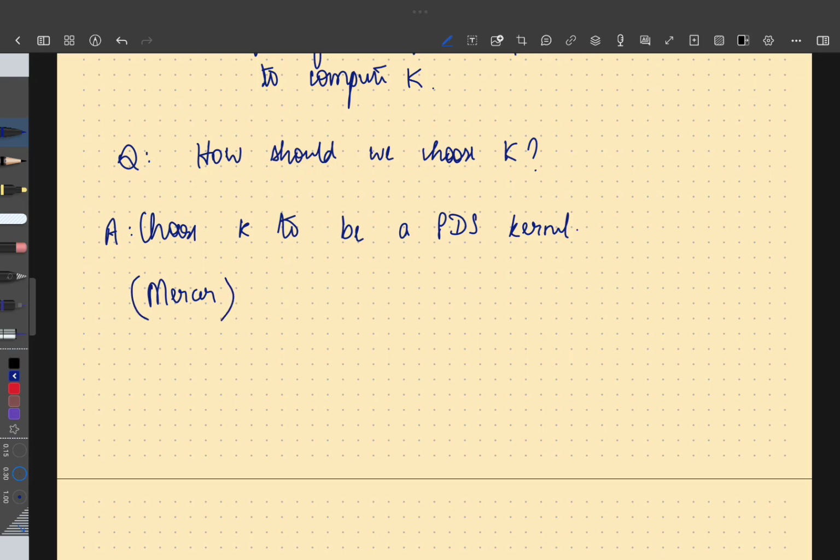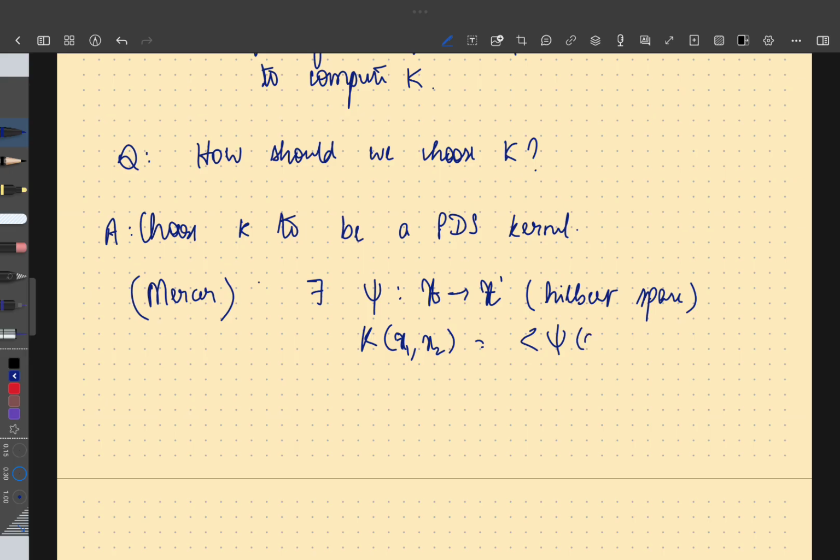So the theorem says that there exists a psi from x to x prime, which is the Hilbert space, with k of x1, x2 being the inner product between psi of x1 and psi of x2, if and only if k is a PDS kernel.